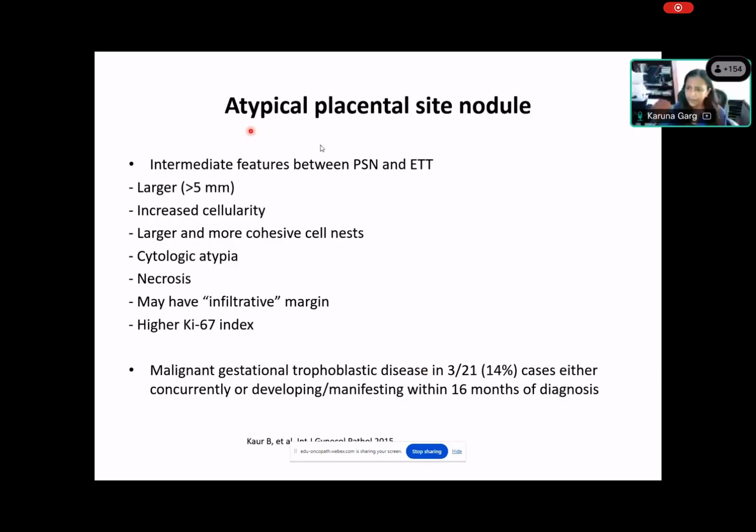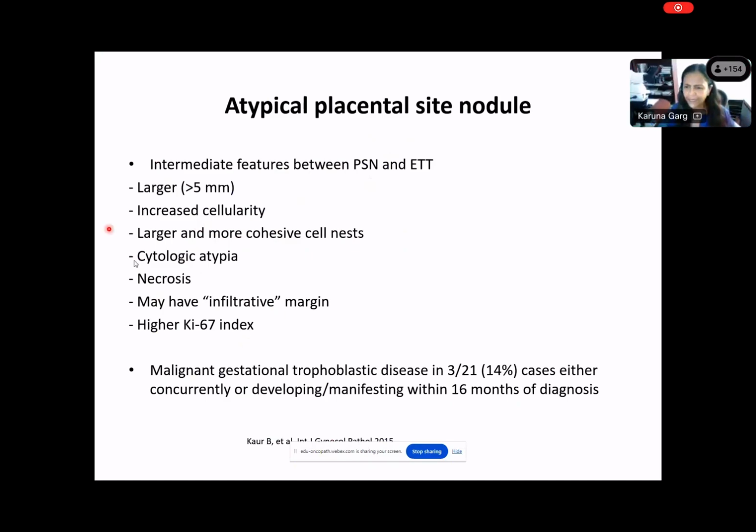I do want to talk briefly about this entity of atypical placental site nodule. As the name implies, this shows features that are intermediate between a placental site nodule and an epithelioid trophoblastic tumor. So, the problem is this is a very vague diagnosis. We struggle with this a lot as well because there are a number of criteria that have been put out: size, cellularity, cohesion, cytologic atypia, necrosis, infiltrative margin, and higher Ki67 index.